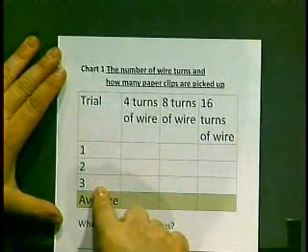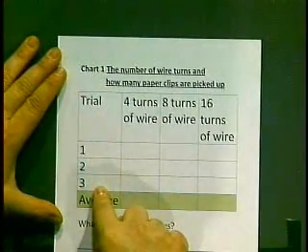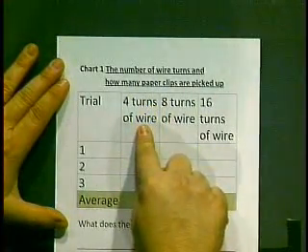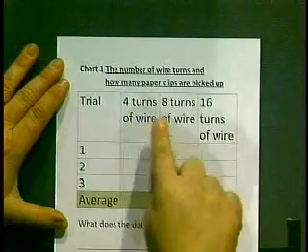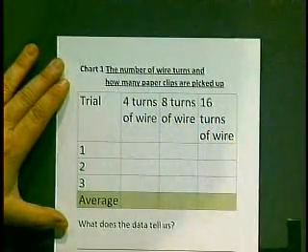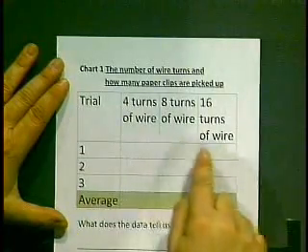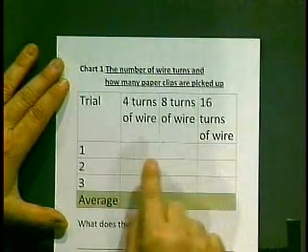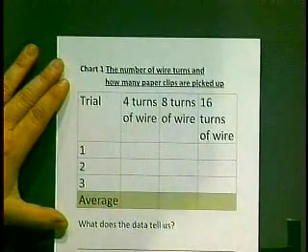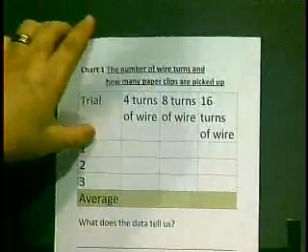Trials, we're going to do 3 because in a good science experiment, you do an experiment more than once. We're going to have 4 turns of wire around a nail, 8 turns, and 16 turns of wire. And in these blanks in the table, we're going to write down how many paper clips we pick up. So, that being said, let's start to do our demonstration.